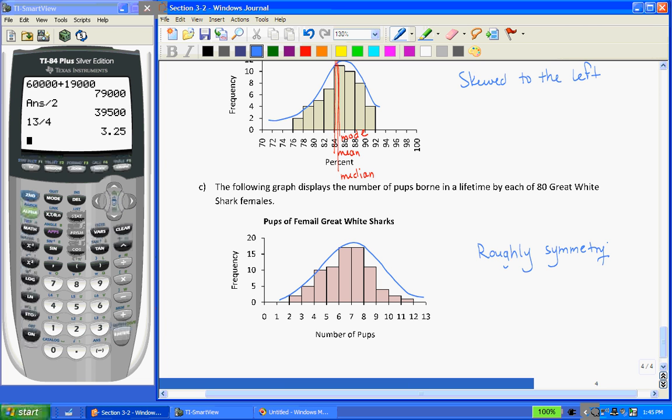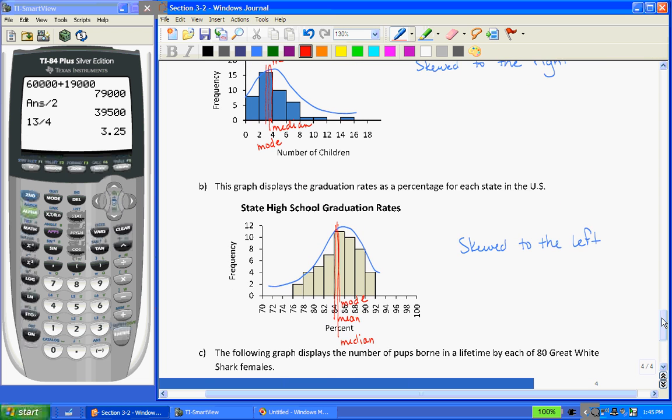When you have symmetric data, the mean, median, and mode are just about all right there together. If it's perfectly symmetric, they'd be exactly the same, but the more symmetric it is, the closer they are together.